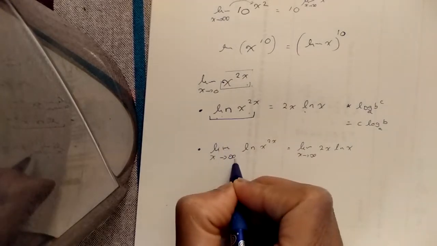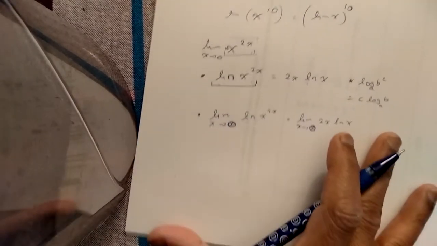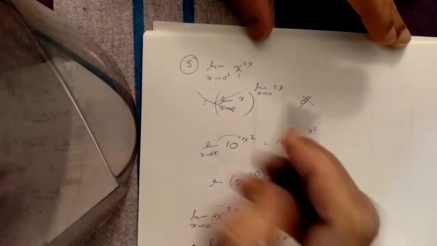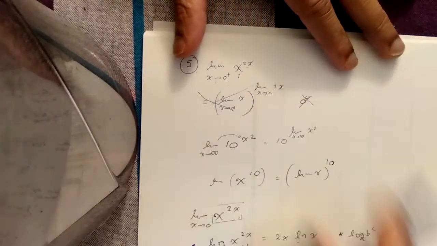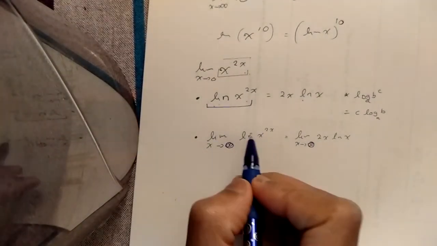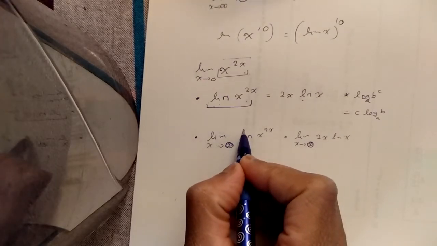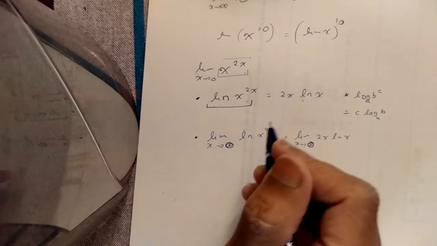Sorry, it's not infinity, it is 0. Now, in the very original problem, they have given the limit as 0 plus, the right hand side limit. And if I remember correctly, we discussed this right hand side limit in the first video of this session.